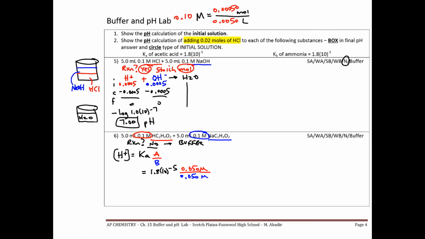So this is the molarity of the C2H3O2 minus. This is the molarity of the HC2H3O2. You'll notice that that's going to divide out. So the H plus is going to be that when these divide out. So you're going to take the negative log of H plus, and that should be 4.74 as your pH of the buffer.